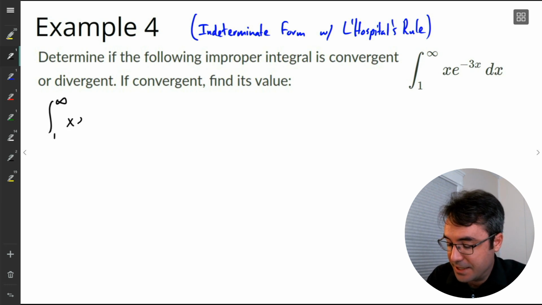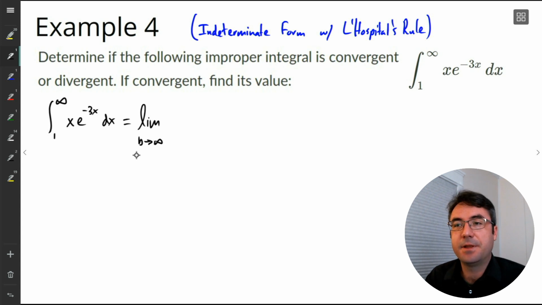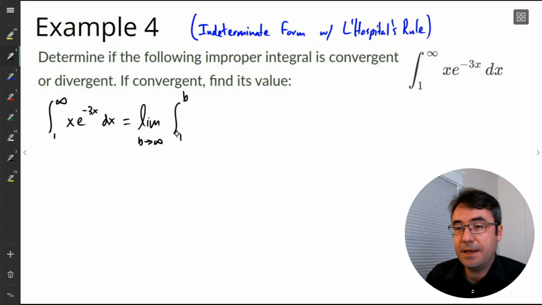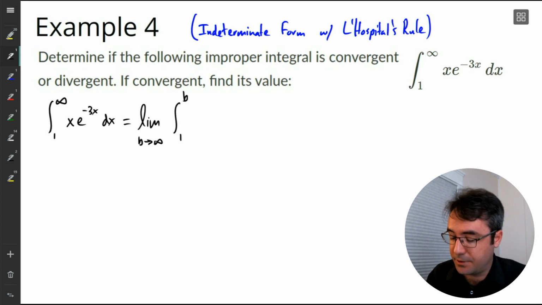Our function is x e to the negative 3x. Very first step, we write this as a limit. So it's going to be the limit as b goes to infinity of the integral from 1 to b. So now this is just going to be a nice regular definite integral that we can calculate. And our function is x times e to the negative 3x.